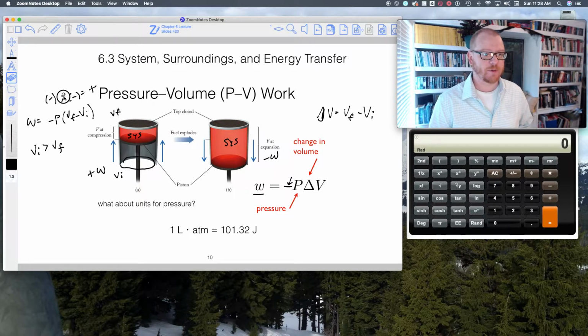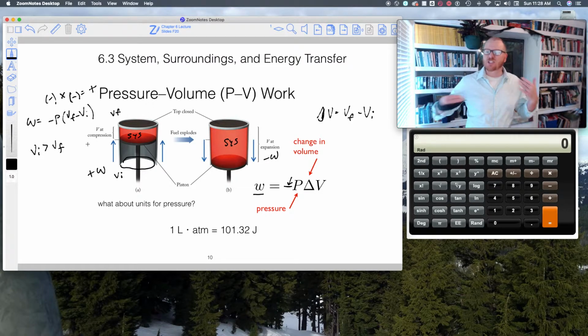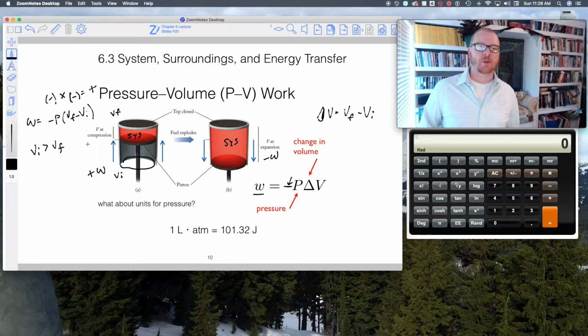Okay, let me write that multiplying sign better. So that's why we have the negative sign in this equation, because it's just a convention we use. Compression work is positive. Expansion work is negative, and here's why.